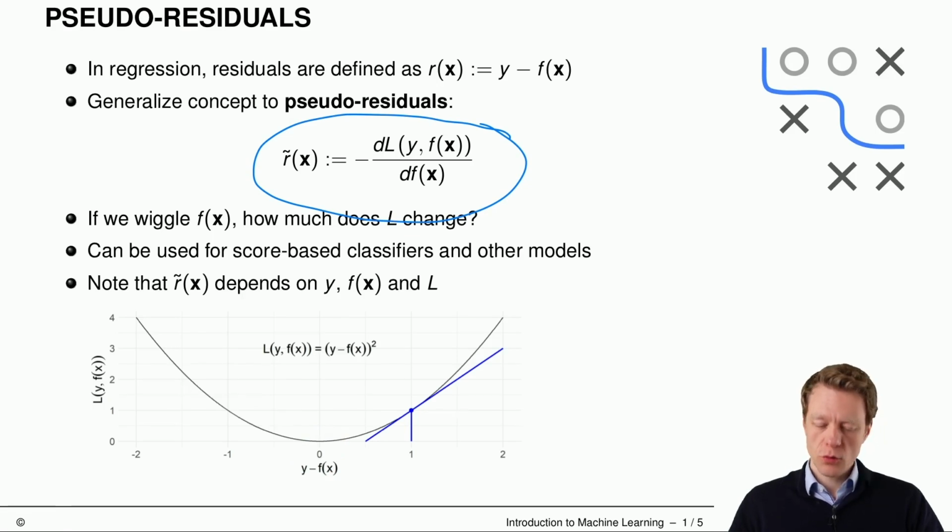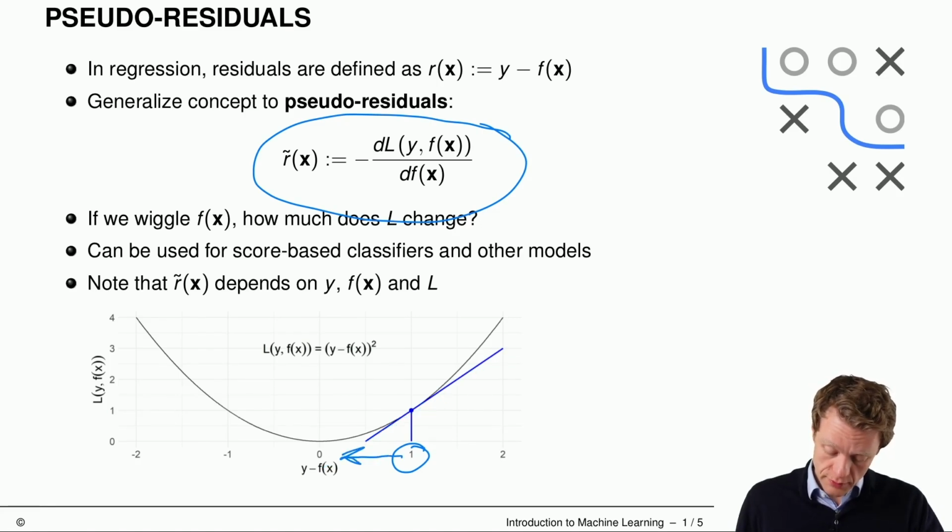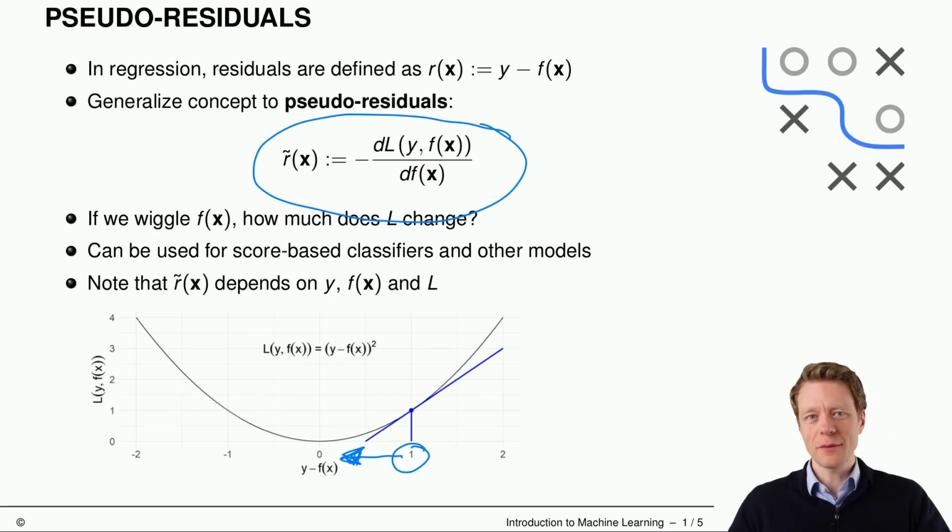And here we have one point with a residual of 1. And if we look at the gradient of the L2 loss at the point of this residual here, we see it's a positive gradient, which means if we want to improve, we would like to have a smaller residual here. Okay, that's a no-brainer because we already know that the residuals should be 0.